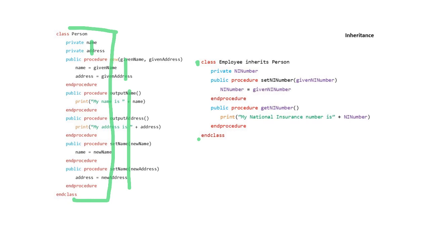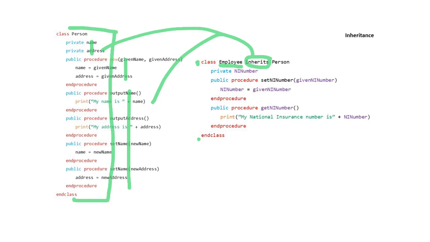We then give the name of our class, this time employee, and then here's the key bit. We use the word inherits, and that's what you'll see in the exam. So we're telling the computer that the new employee class will inherit all of the existing attributes and methods from its parent class. None of this stuff on the left needs to be rewritten now.